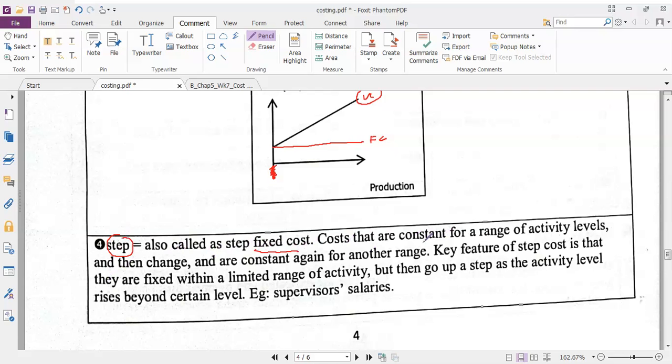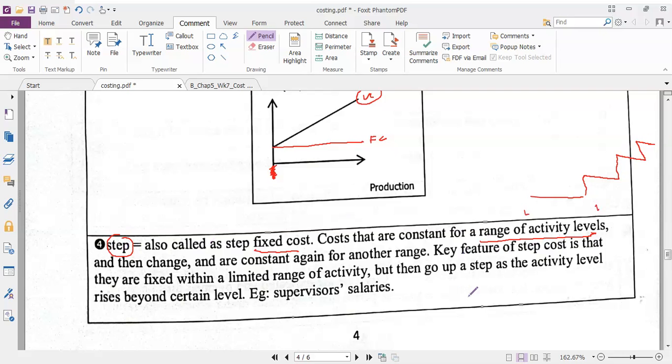Costs that are constant for a range of activity levels. Okay, ada certain activity level dia constant. Ada certain activity level dia meningkat. Ada certain constant balik. Then naik, constant balik. Naik, constant balik. That's why we call it as the step cost.